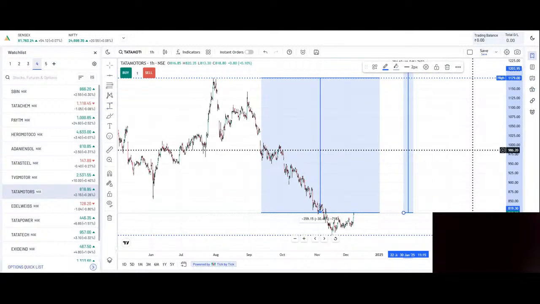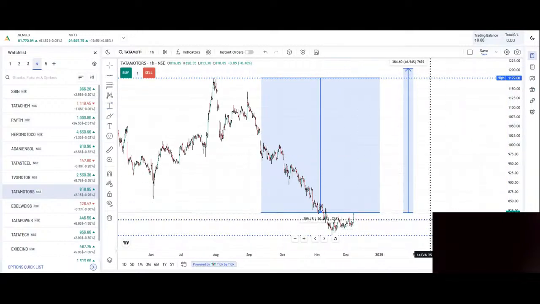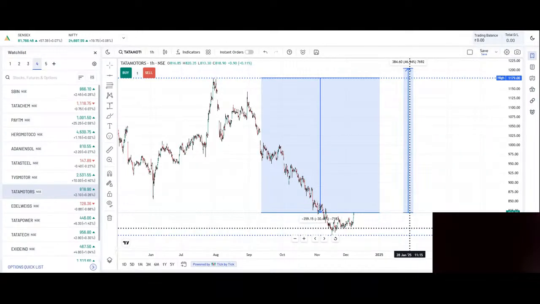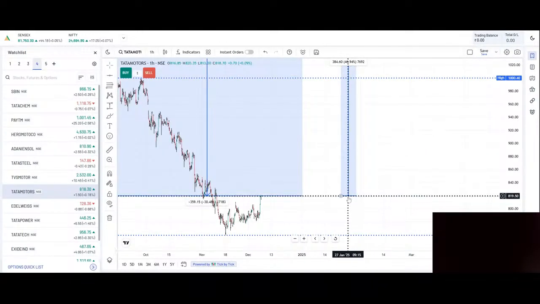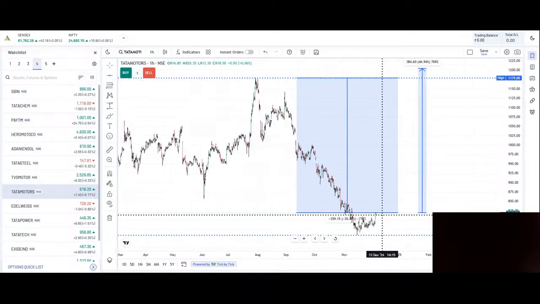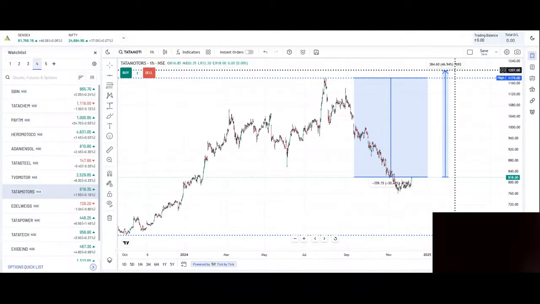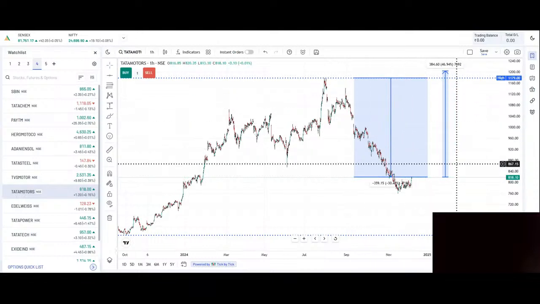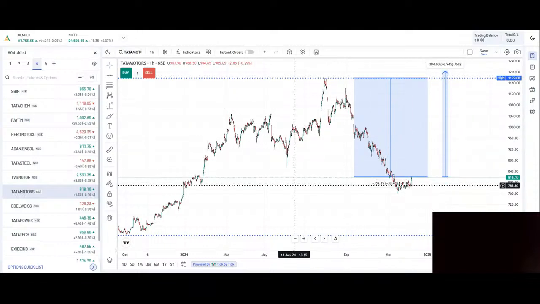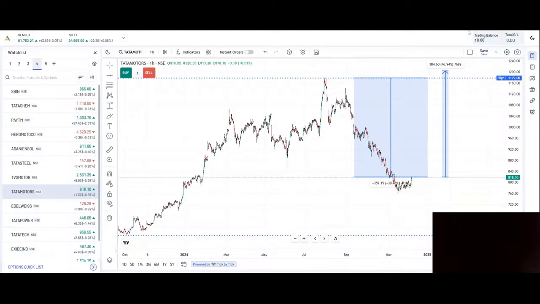At the current price, for a target of 1200, the return is 46.94%. That is a massive return. But I cannot specify by when this is going to happen. But this is for very sure, this is the kind of return it will generate.